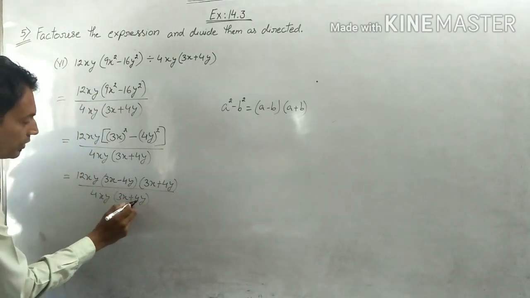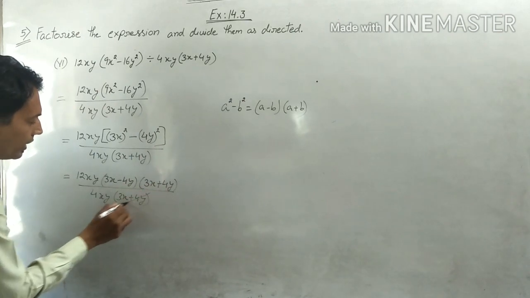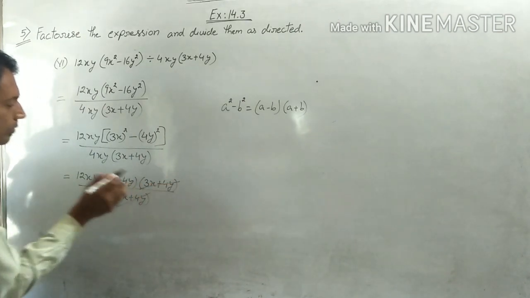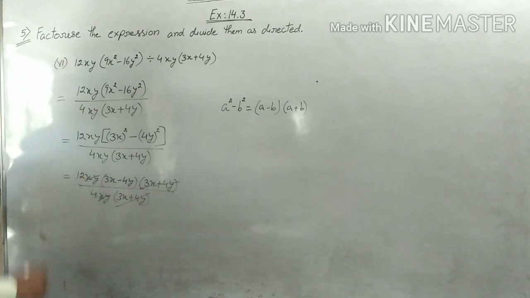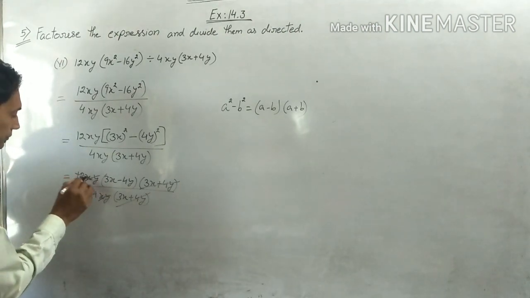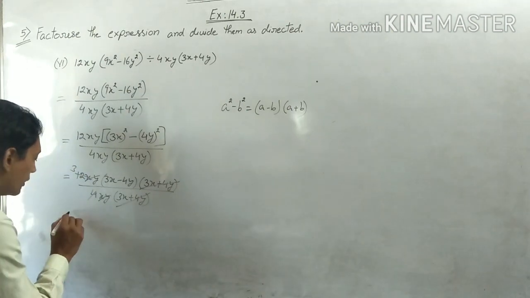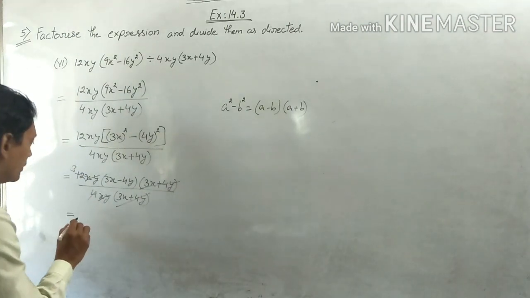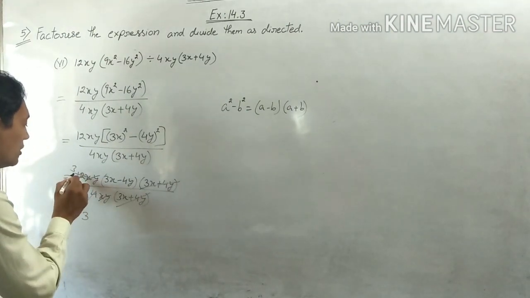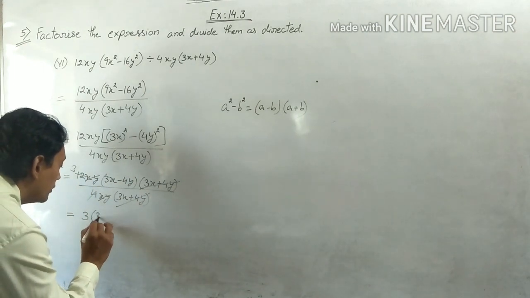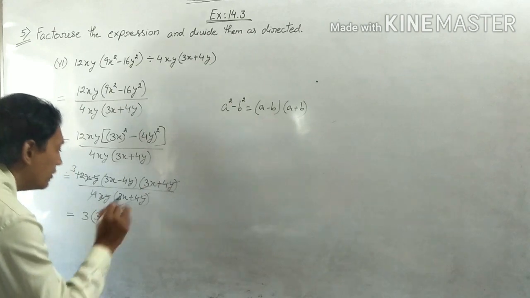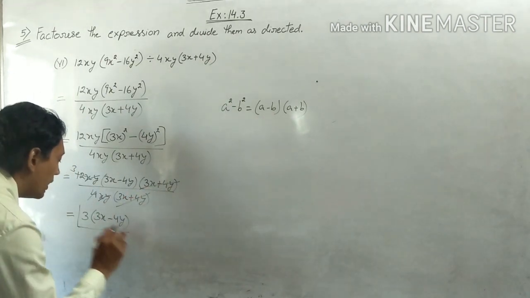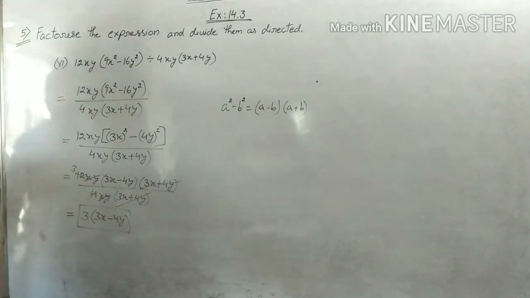Clearly 3x plus 4y, 3x plus 4y, these are common in the numerator and denominator, will get cancelled. xy, here xy again will get cancelled. 4 1s are 4, 3s are 12, and in the final answer you are left with 3 here and 3x minus 4y here, and this is your final answer after division.